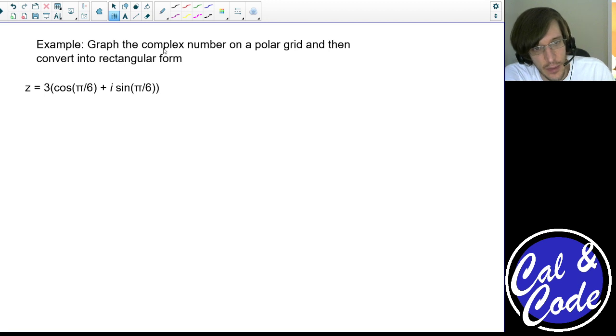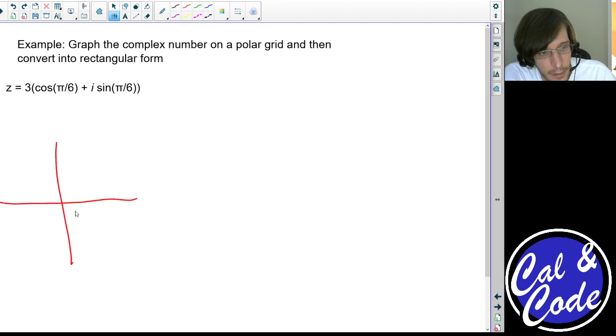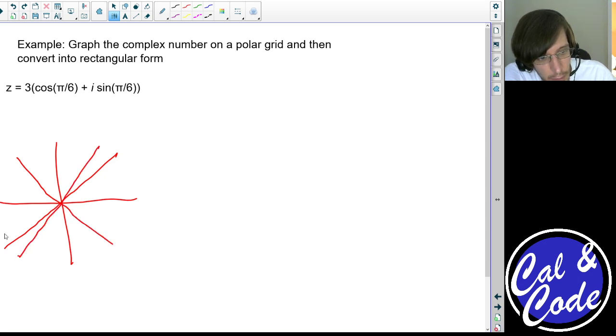First thing they asked me to do is graph this complex number on a polar grid. Okay, well that seems fine. We are going to draw a little polar grid here. Alright. Almost done.